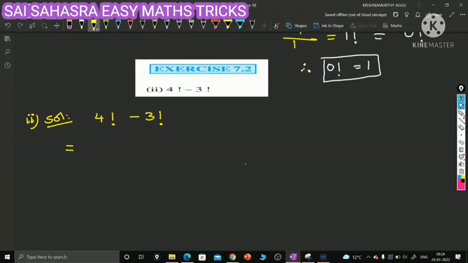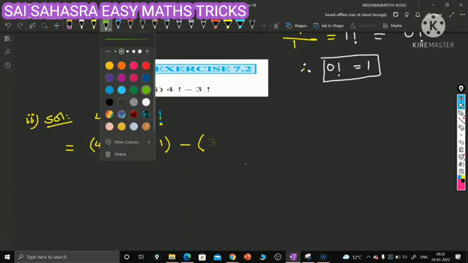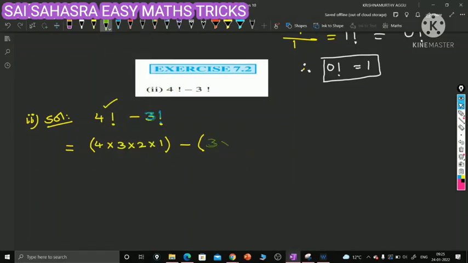First you think about only 4 factorial. 4 factorial, how to write? Tell me. 4 into 3 into 2 into 1. This is 4 factorial, minus. How to write 3 factorial? 3 into 2 into 1. 4 into 3, 12. 12 into 2, 24, into 1, that is 24 only.